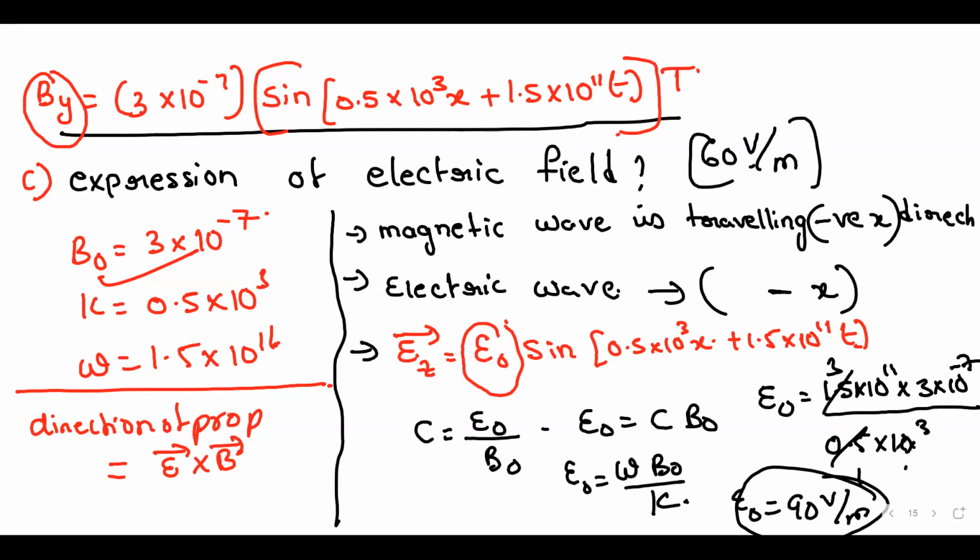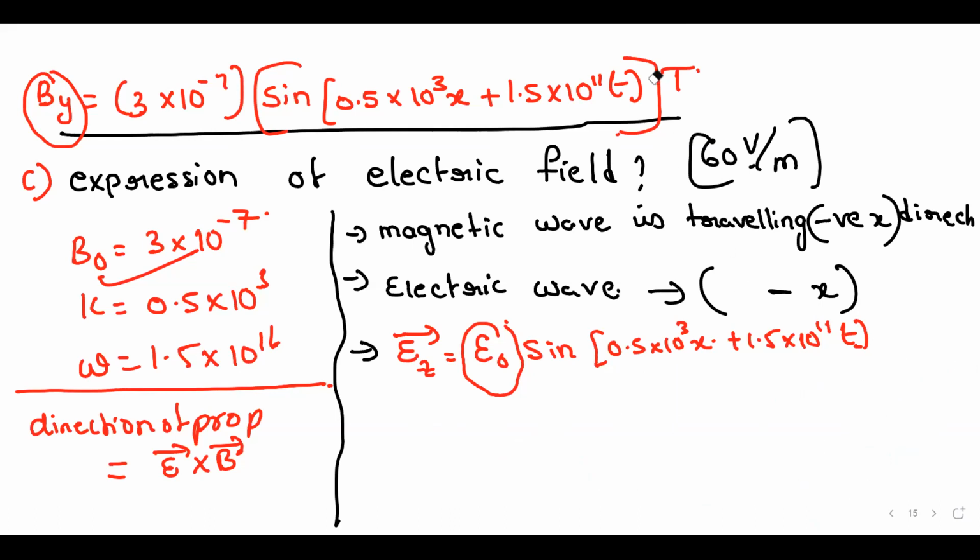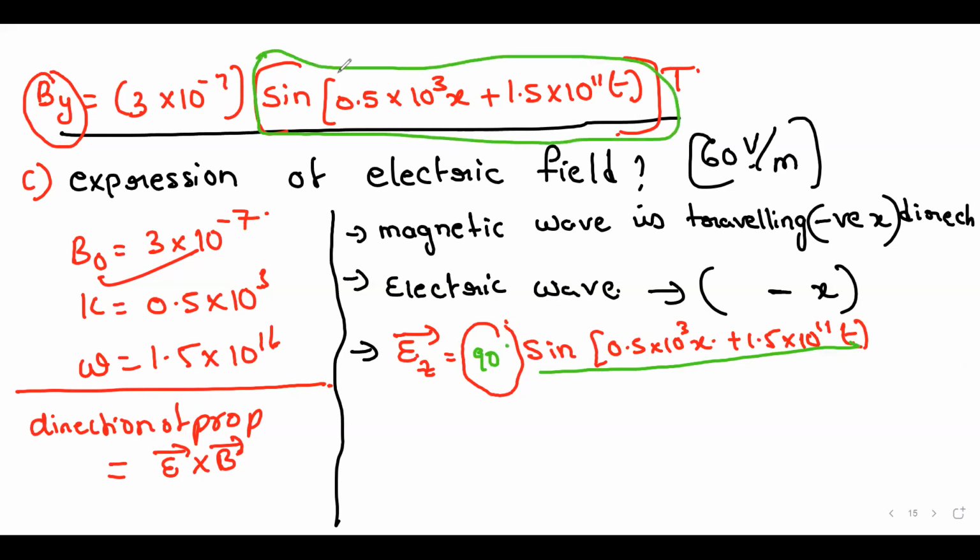This is the value of E naught. So here in place of E naught, we have to substitute 90 volt per meter. That's it. So here what we have to find? We have to find the E naught value. Why? Because this and this are the same. Any doubts? No, sir.